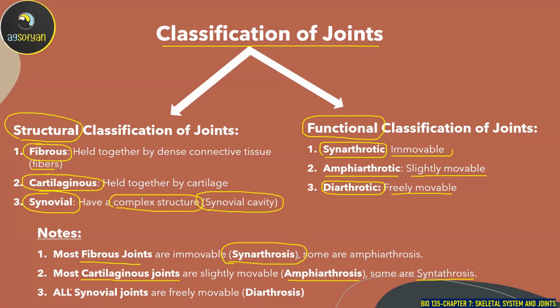And of course, the last one, the synovial joint, which is the joint that we usually know. This is the one that gives diarthrosis, or freely movable joint. So just remember this: all synovial joints are diarthrosis. They are freely movable joints.